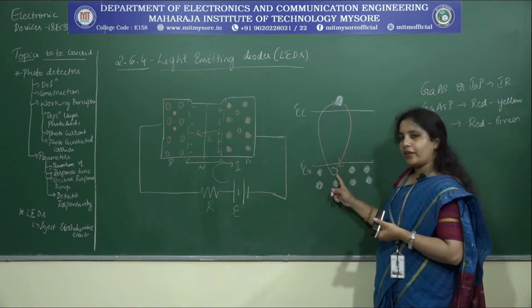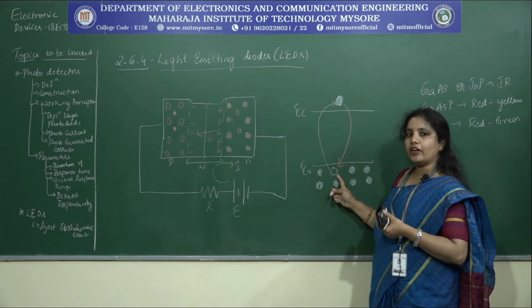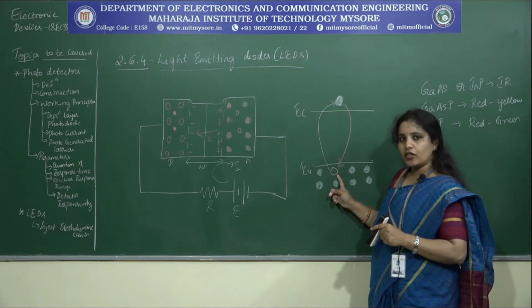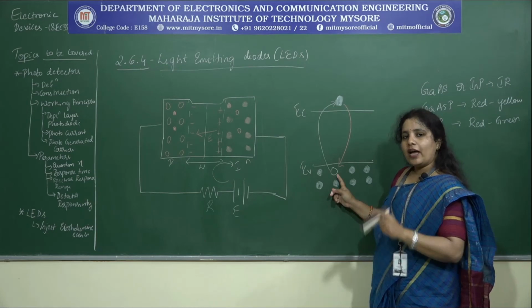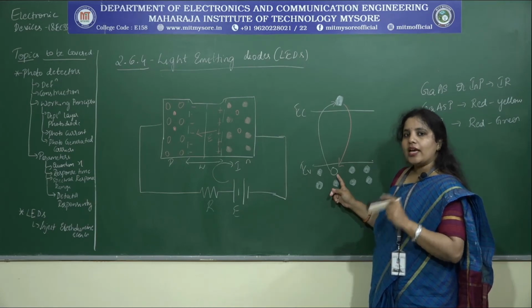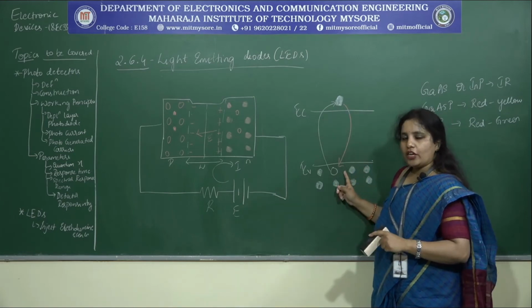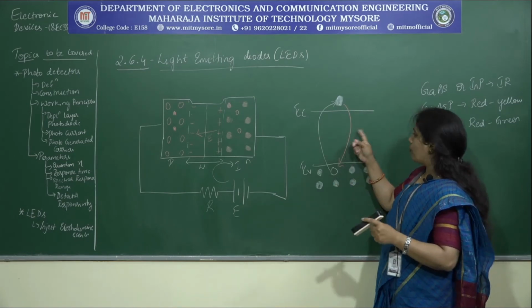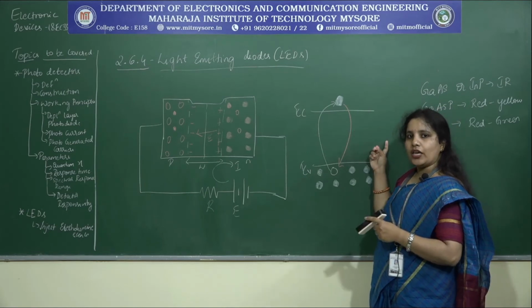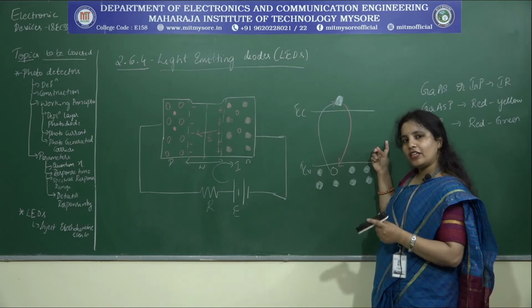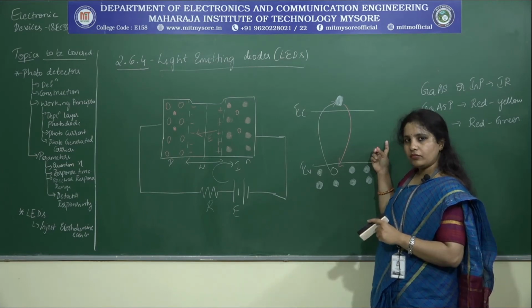Now, when this recombination happens, we had classified two different kinds of semiconductors: indirect band gap and direct band gap semiconductors. In indirect band gap semiconductors, when this recombination happens, it will provide certain output energy, and that energy will be in terms of heat energy.